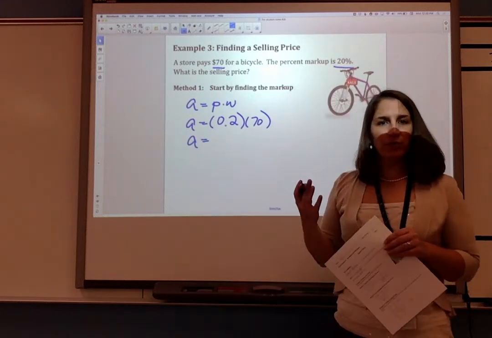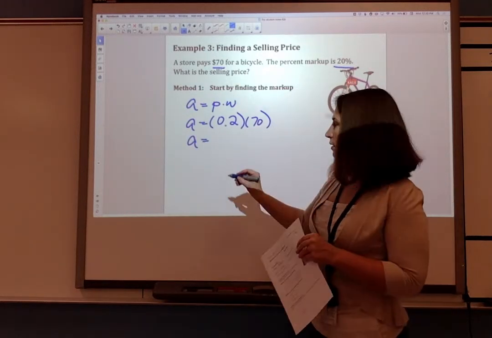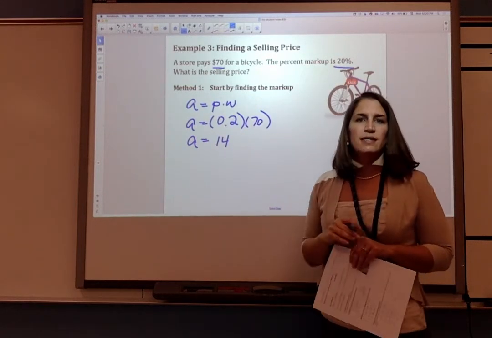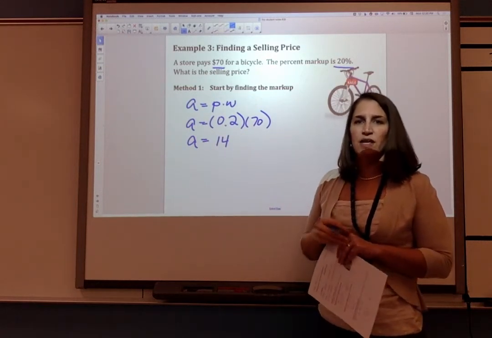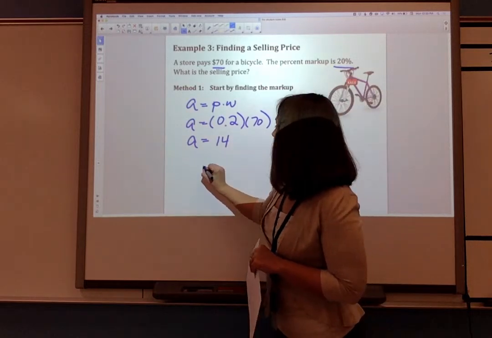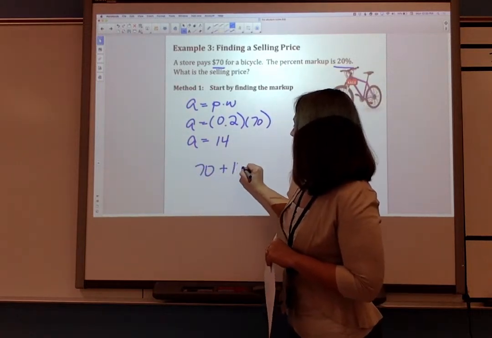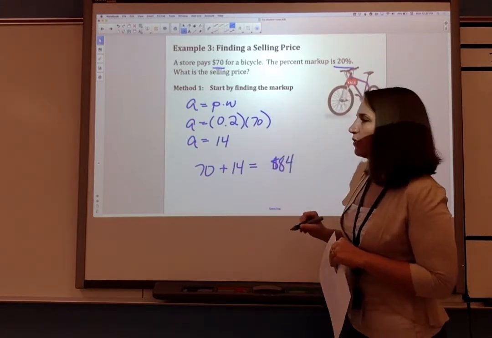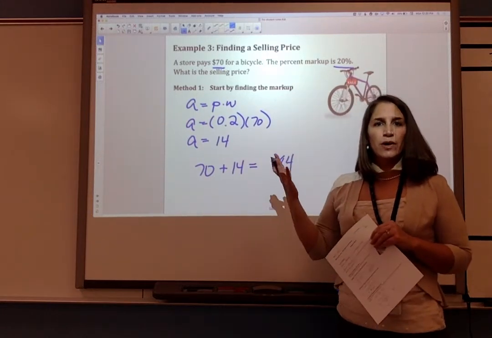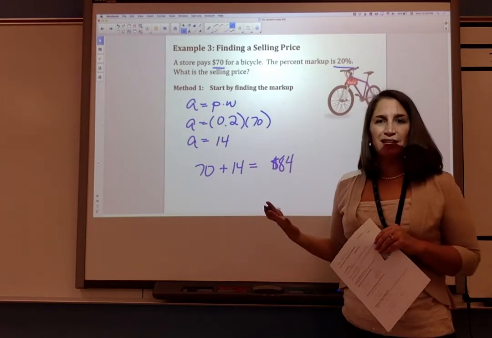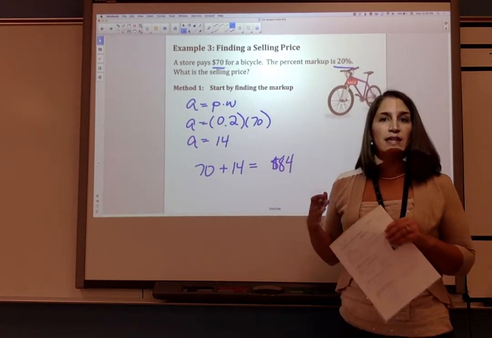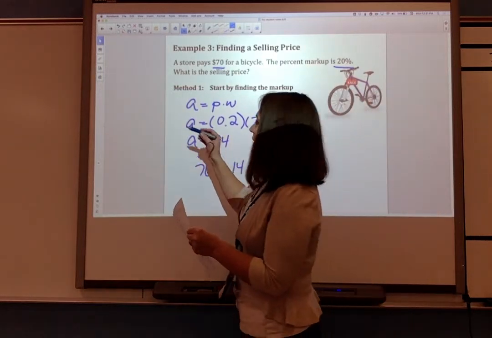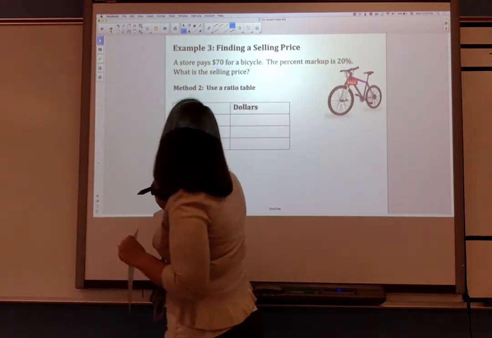So we can multiply to find the amount of the markup, which is $14. 0.2 times 70 is $14. So the selling price would be 70 plus 14, or $84. So the store pays $70, they're selling it to you for $84 so that they can make a 20% profit.